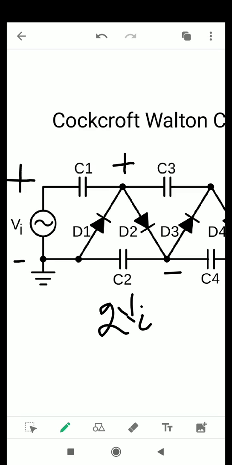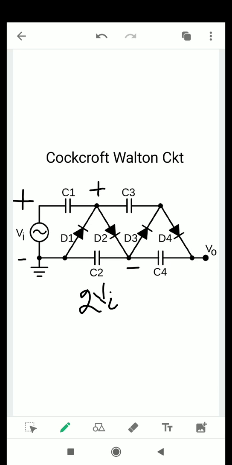Now at the end of this half cycle again the polarity of the input will change. So this terminal will be at positive potential and this terminal will be at negative potential.